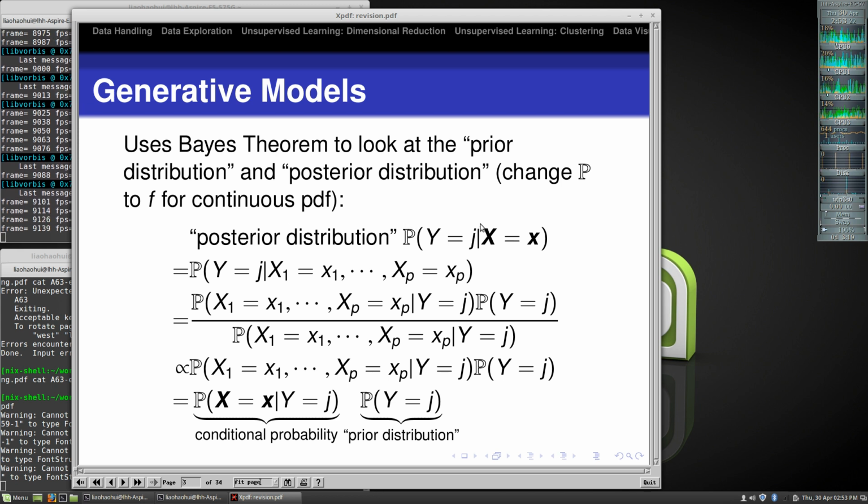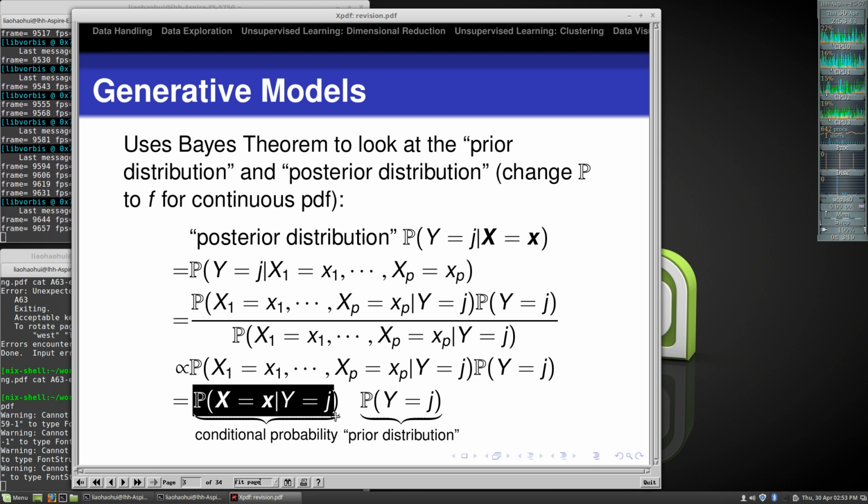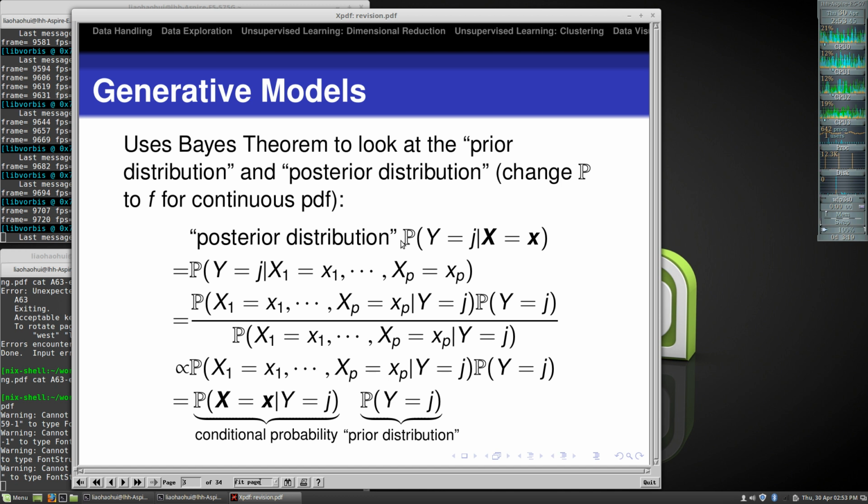Instead of just taking the features and trying to predict the outcome, we use the Bayes theorem to transform this into the conditional probability part by exchanging these two parts, and then multiply with the prior distribution.